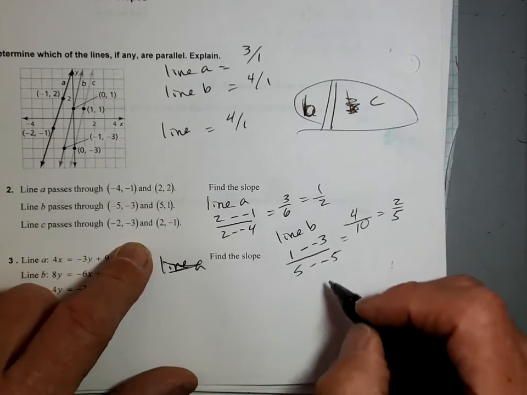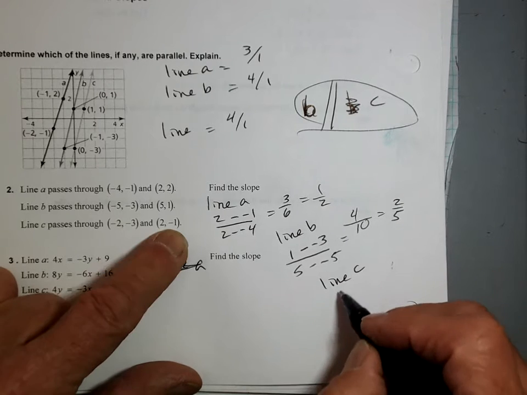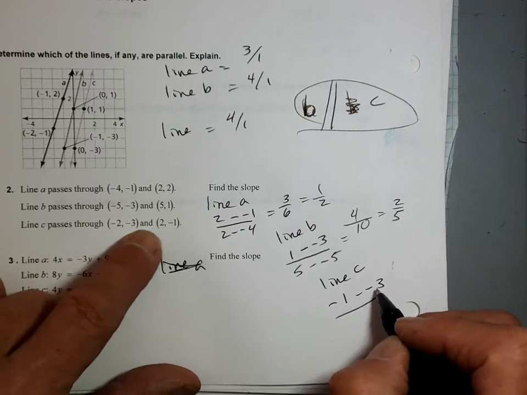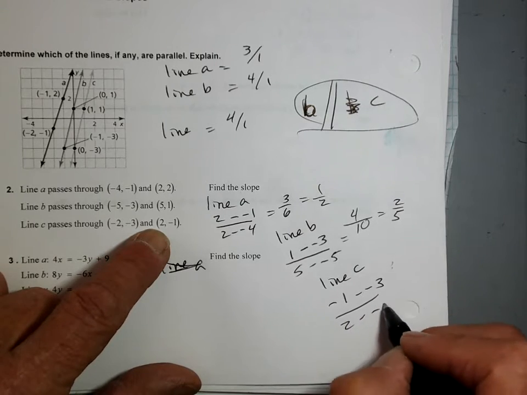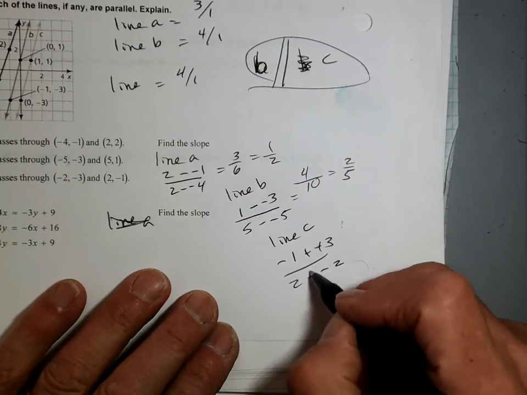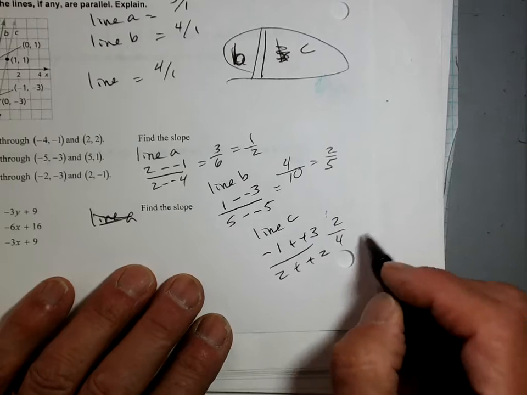And finally, line C. I'm going to go -1 minus a negative 3 over a 2 minus a negative 2. Miscount, I'm going to change these to pluses for you. How's that? Gives me 2 over 4, which is 1/2.